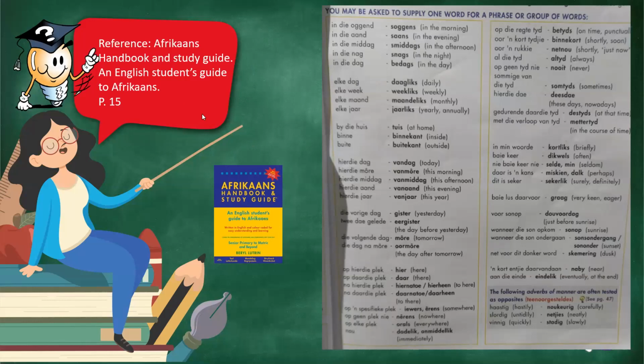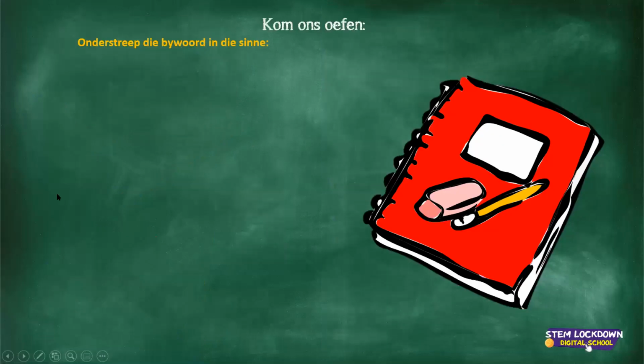Right, let's go on. Let's go and do an activity. I think we're actually going to be able to go to the next one today as well. Goed, die seuns speel vanaand in die konsert. There is a bywoord of time in there. I want you to identify the bywoord for me. So first go and see what is the main verb.